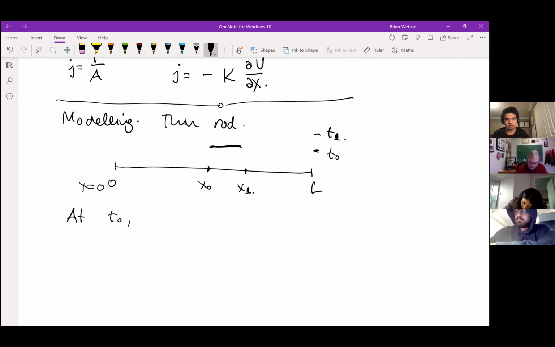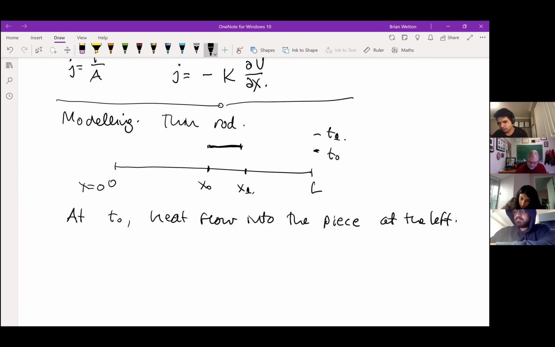And I can look at the heat flow into this little piece at the left. So I know that this is the heat flux per unit area.